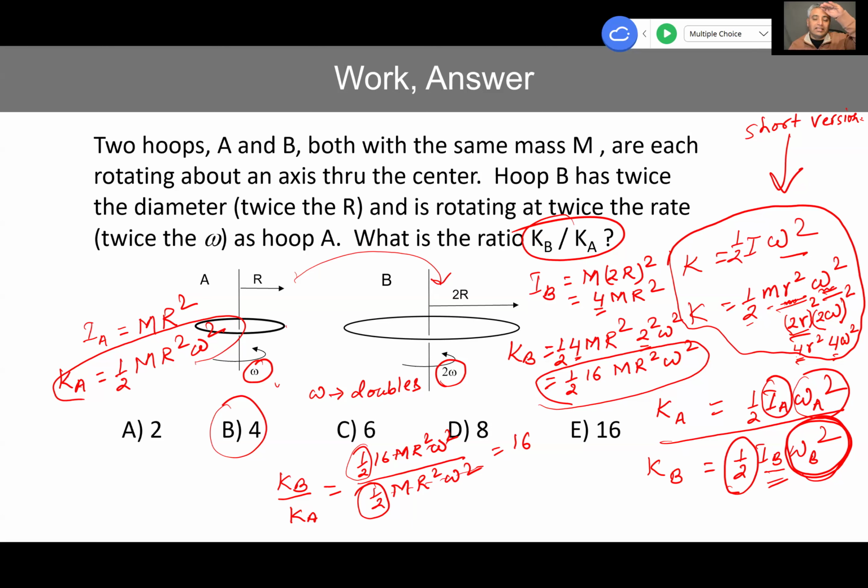Remember, potential is the energy due to position, and kinetic is energy due to motion. So spin is a kind of motion, and translation is another kind of motion. That's why we have 2 kinds of kinetic energies. But potential energy is just a position. Doesn't matter how it's sitting there, spinning or not spinning. So we don't have rotational potential energy, okay?